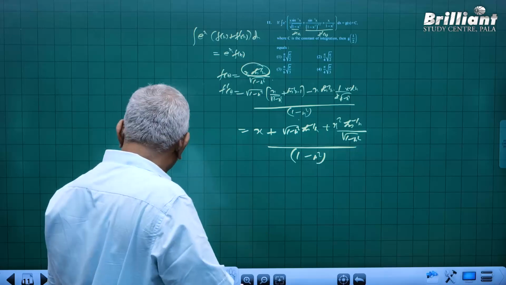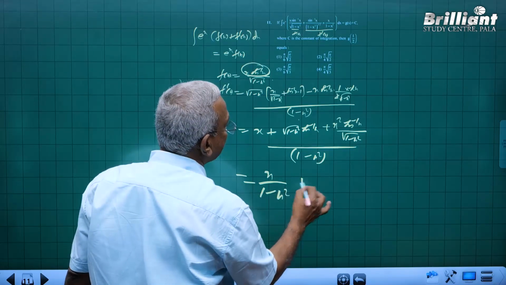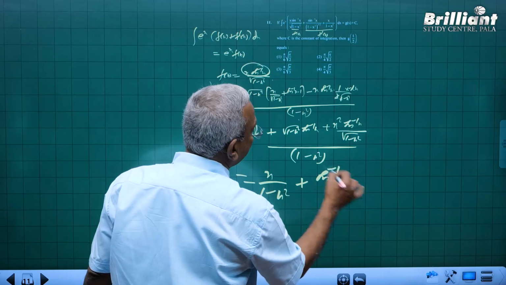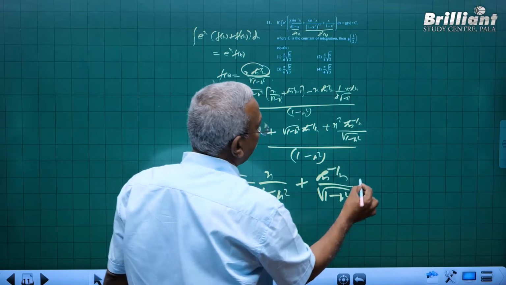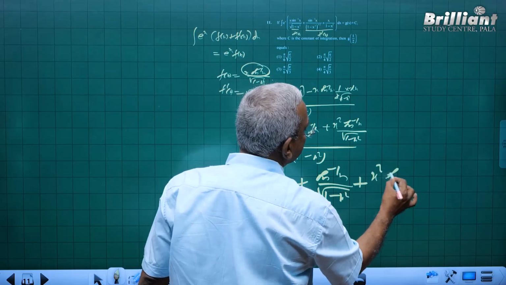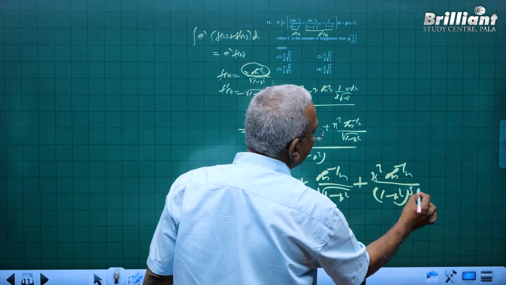So, separately divide by 1 minus x square, that will give the answer as x divided by 1 minus x square plus sin inverse x divided by, when you are dividing them, 1 cancel and you get 1 minus x square there, plus here it is x square into sin inverse x divided by 1 minus x square raised to 3 by 2.